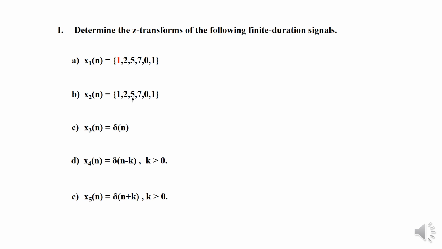X(z) equals the sum from n equal minus infinity to plus infinity of x[n] z to the power minus n. We'll see what will happen here.